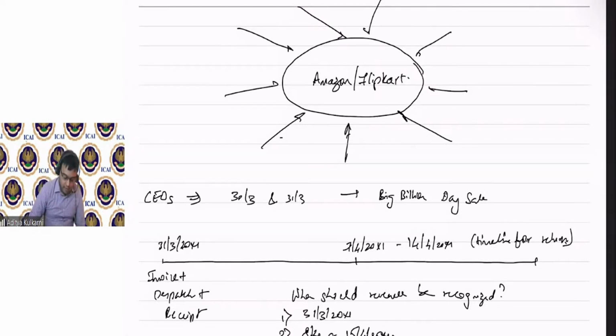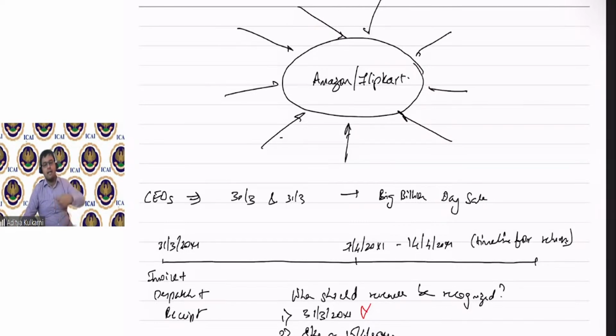Now, sir, which answer is correct? Obviously, the first answer is not entirely correct because you can recognize the revenue on 31st March 20x1, but there should be something extra added to that.